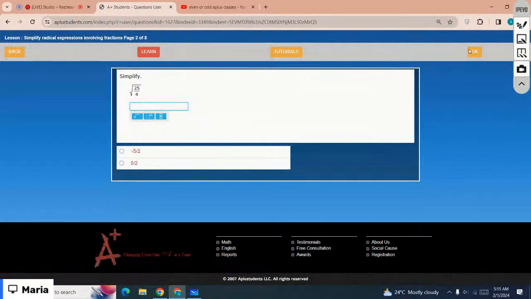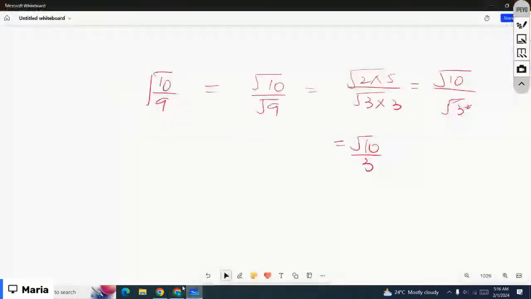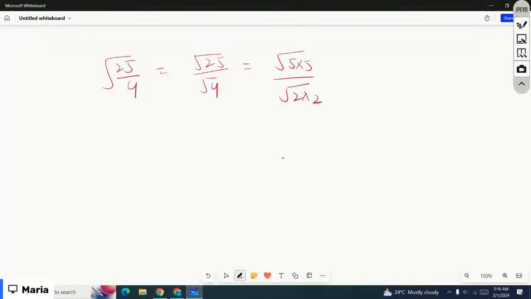The next one is square root 25 divided by 4. So let's just solve this one, right? That is square root 25 over 4. So you can write it as square root 25 divided by square root 4, and you can write 25 as 5 times 5, and 4 as 2 times 2, right?